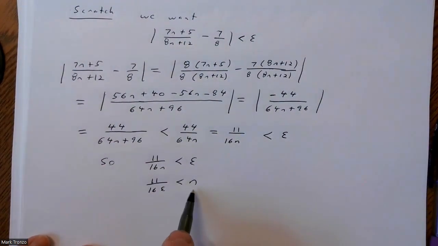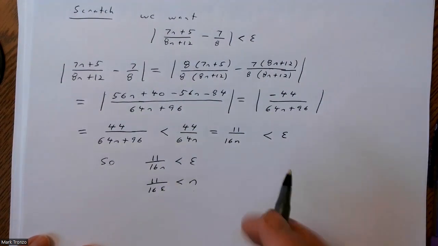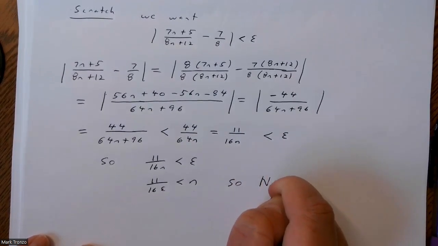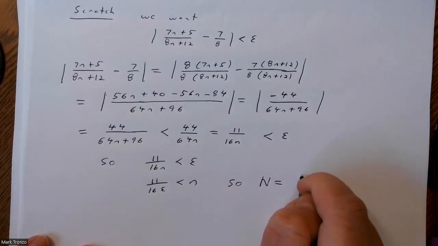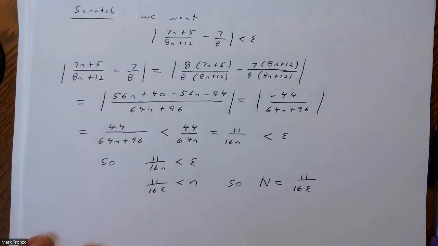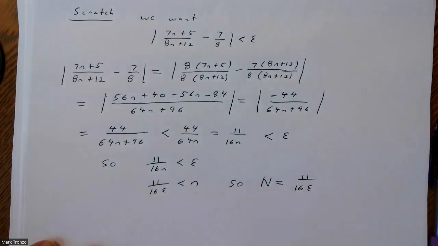And so n has to be greater than 11/16 epsilon. So when we pick our capital N, it'll be 11/16 epsilon. Any questions so far?